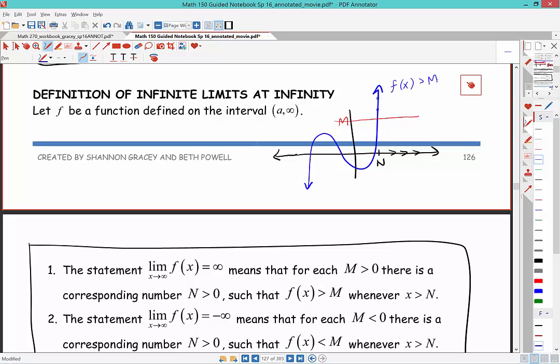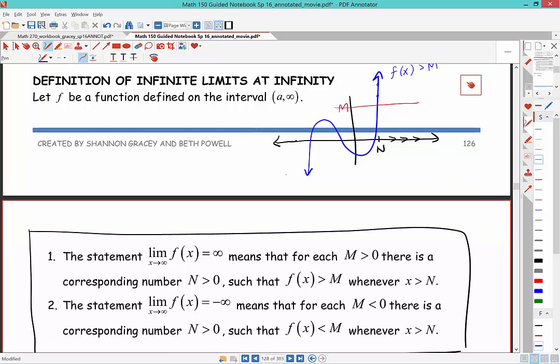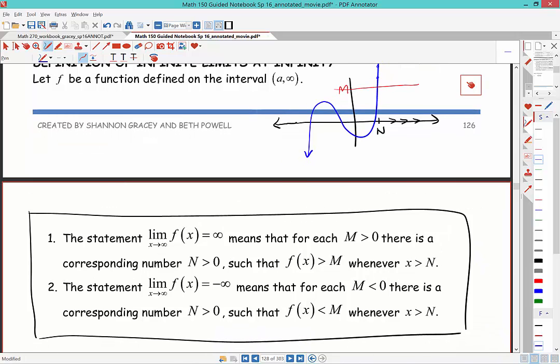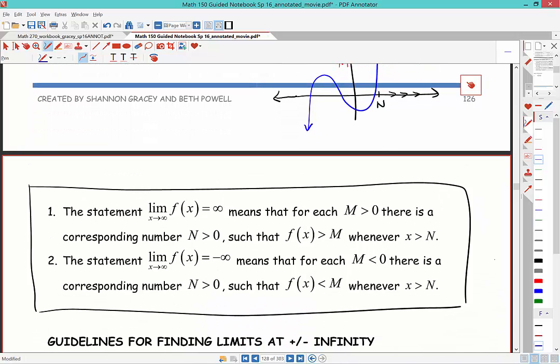So that means you're getting this infinite result. And it works the same going on the other side, okay? Except you're going in the negative direction.